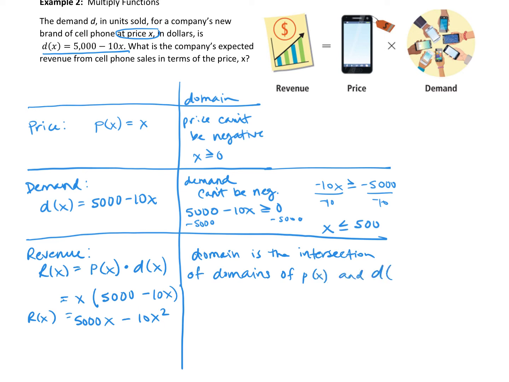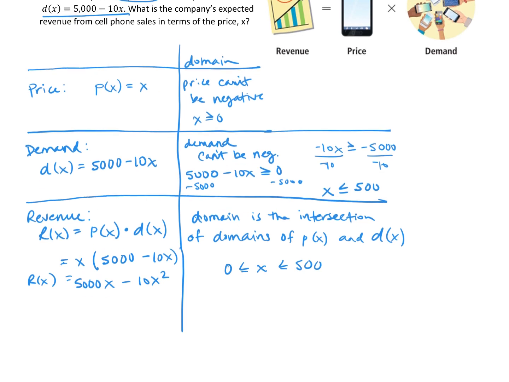So it's the intersection of the domains of your price and your demand. So our price, x's have to be greater than or equal to 0. In the demand, x's have to be less than or equal to 500. So that x is falling between 0 and 500. So we're going to say 0 is less than or equal to x is less than or equal to 500. That is the domain for the revenue.